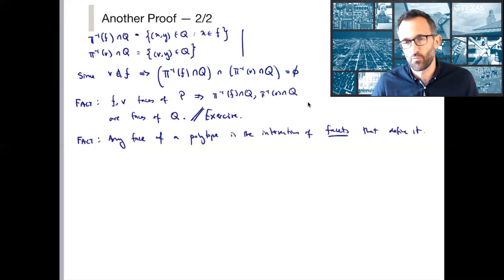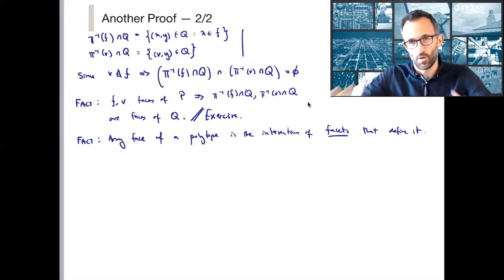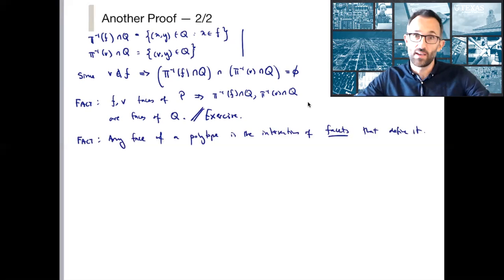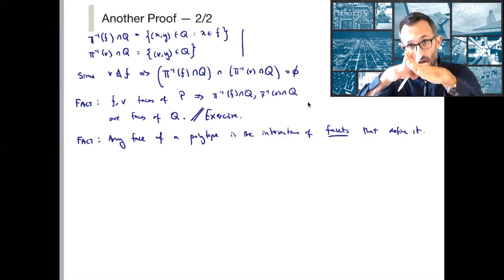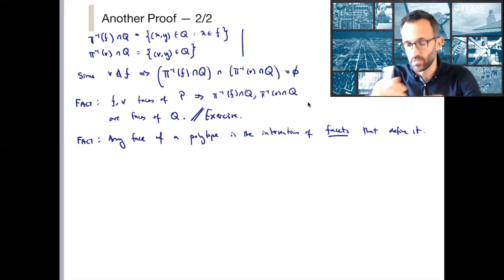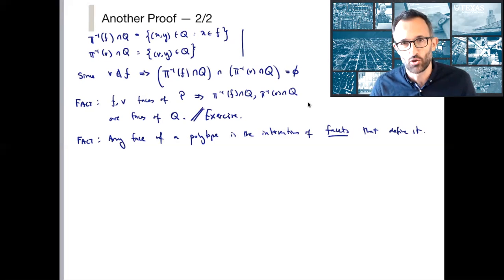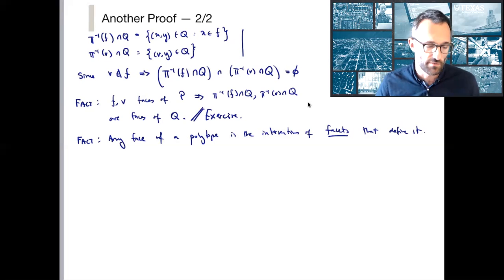It's saying that in a three-dimensional polytope, the facets are the two-dimensional planes, and the faces are facets, lines, and corners. This is intuitive to picture, but it takes a little bit of work to verify in general. We're not going to go into these details right now, but this is a standard result from polytopes.